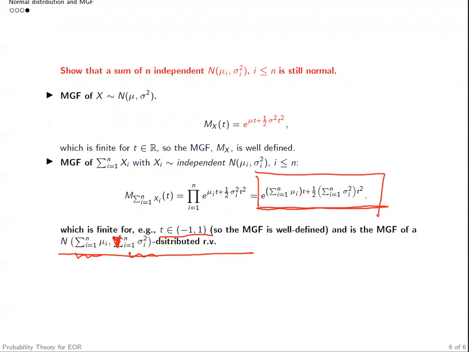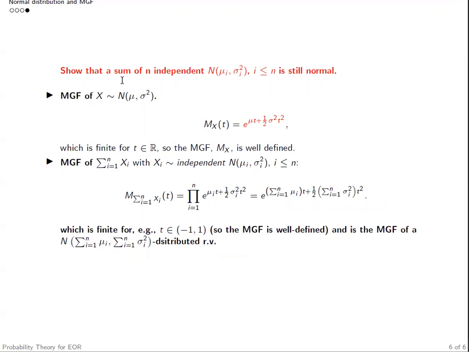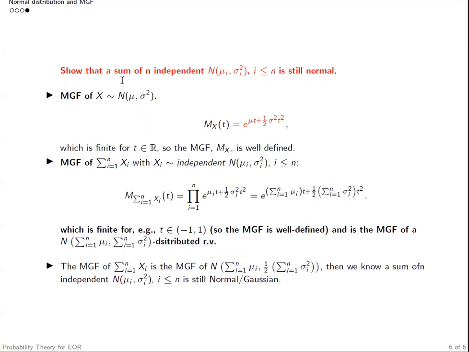Therefore, because moment generating functions, if they exist, determine distributions, right here we have the same moment generating functions. The moment generating function of the summation here is exactly the moment generating function of this normal distribution. So we know a sum of n independent normally distributed random variables is still a normal distribution.